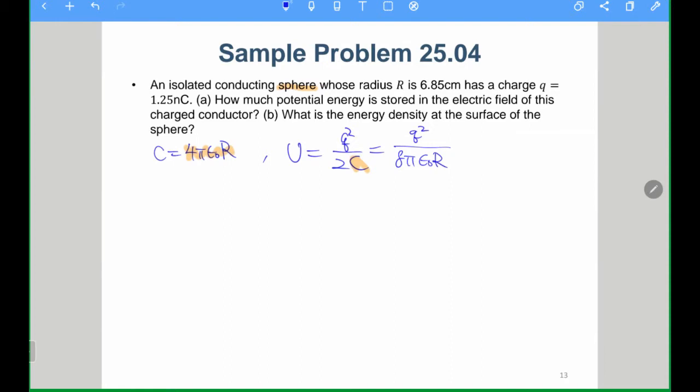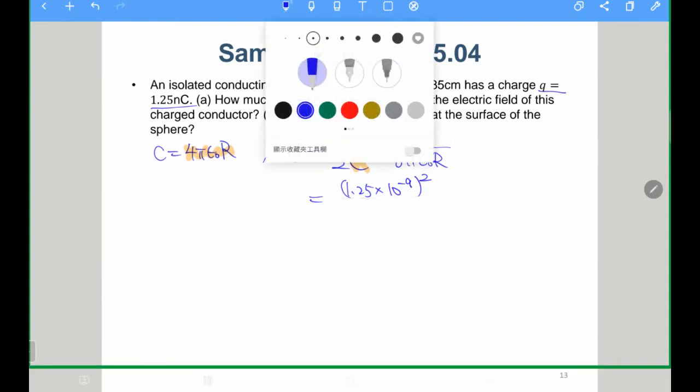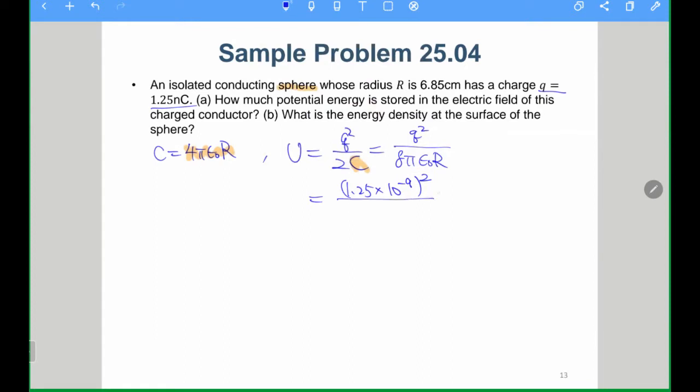So here we can just plug in all the values. So we have Q equals 1.25 times 10 to the negative 9 power, quantity squared, over, or maybe we can just regard 1 over 4 pi epsilon naught as 8.99 times 10 to the 9th power.